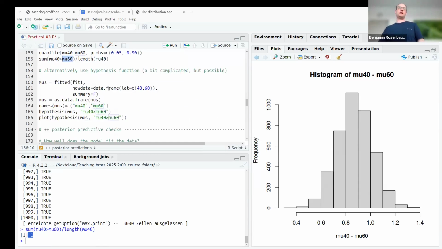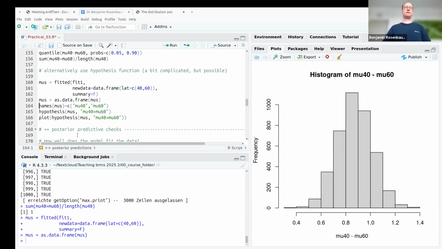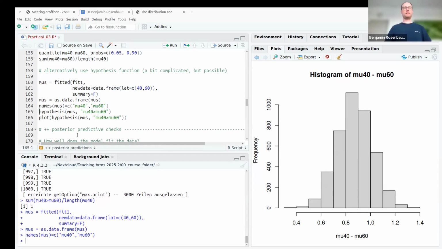You can also use a brms function for this. Took me a while to find out how this works, but it does. So the trick is that you have to put them in a named matrix or in a named data frame. So for instance, with the fitted command here, I make predictions both at latitude 40 and 60. I have to have it as a data frame, and I must assign names to it.